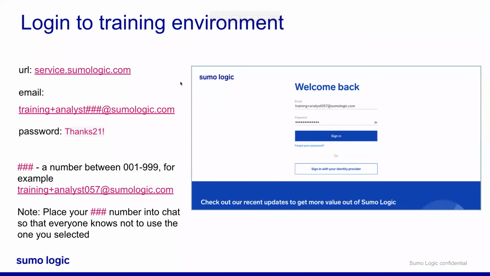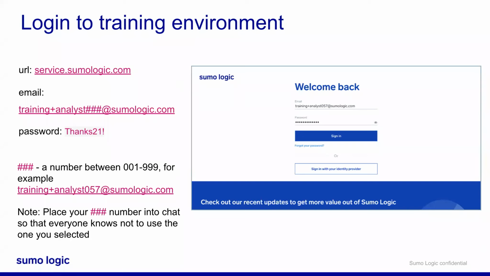So the URL for today is going to be service.sumologic.com. Even if you do have a set of Sumo credentials, and I assume or hope you do, we'll use these for the labs because we have lab data, so it's just easier to play with our lab exercises. So service.sumologic.com.